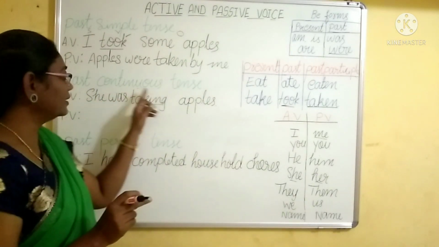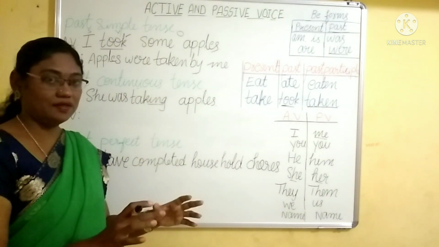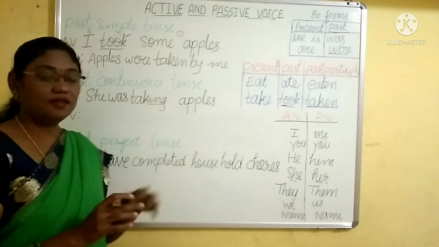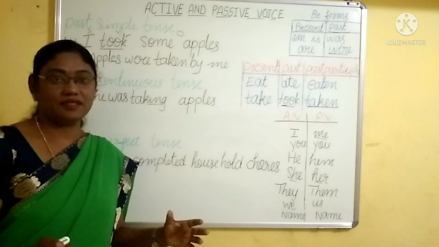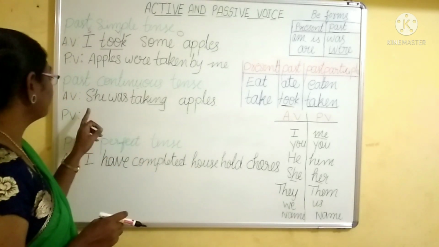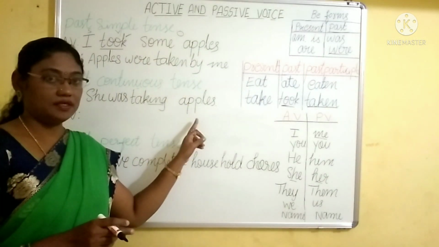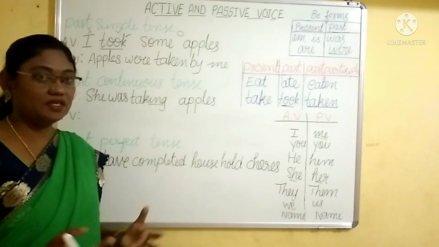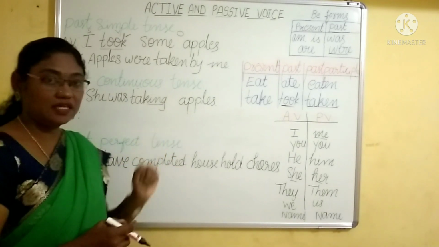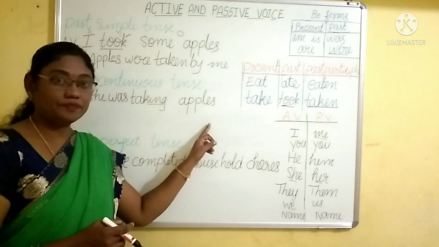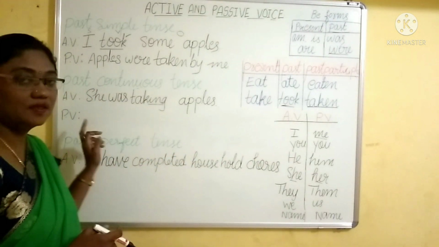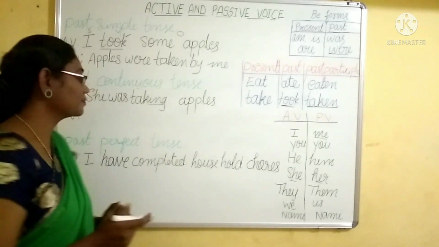If you find continuous in a tense type, that assures that ing will be there. In continuous tenses, ing must be there. Now, she was taking apples. Okay. See, as we did in the previous one, let's start with the first step. What is the first step? Yes, bringing the object into the place of the subject.